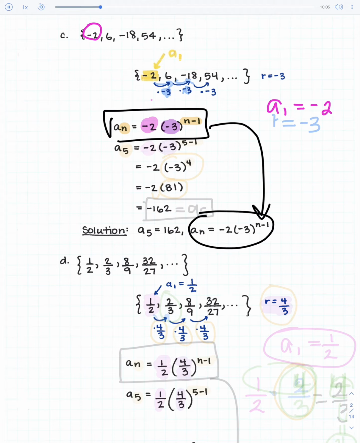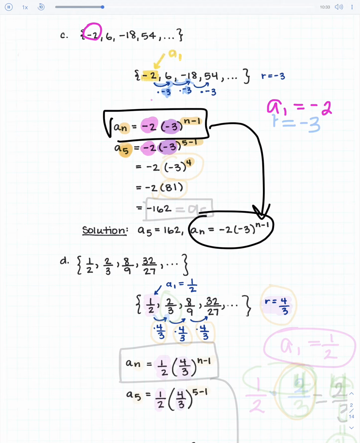Well, that was half of what they wanted for all of these problems. The other half was they wanted the specific term, the fifth term, which still starts out with taking the first term, the -2, and multiplying it by the common ratio, r, of -3, and raising it to, be careful, 1 less than the fifth that we are looking for, which would be the 4th power.